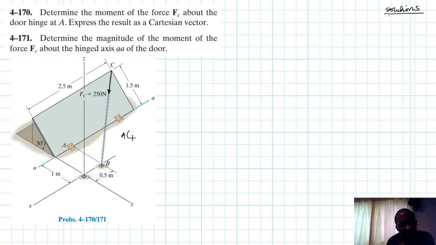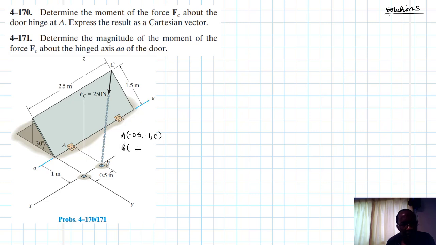So the coordinates of A: in the x-axis, we have minus 0.5, in the y-axis, we have minus 1, and in the z-axis, we have 0.